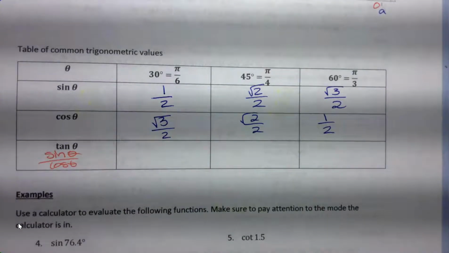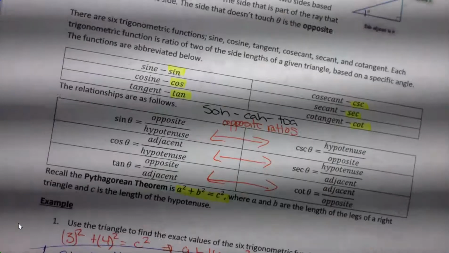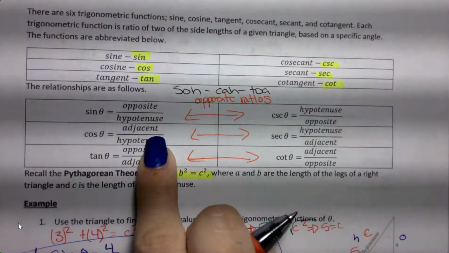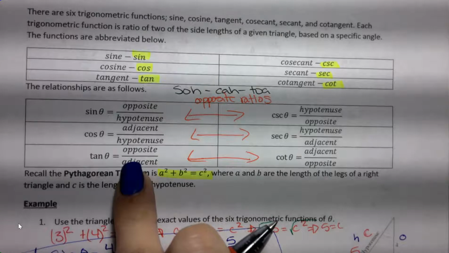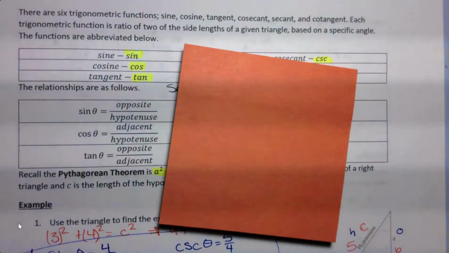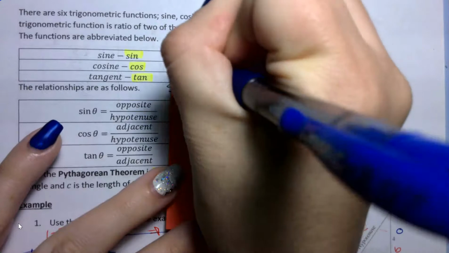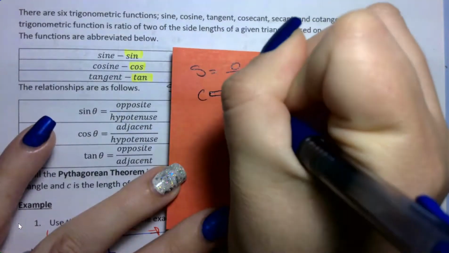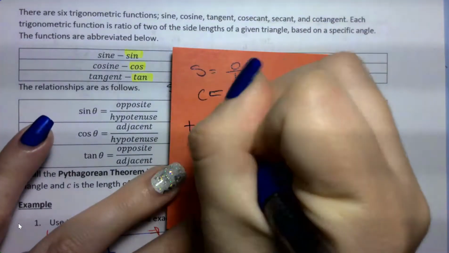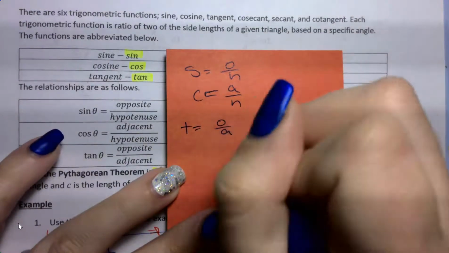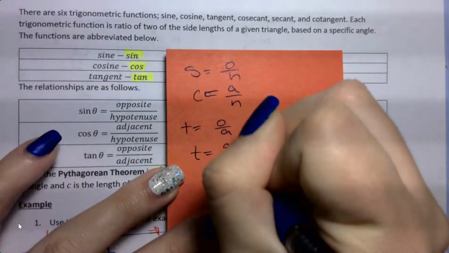So if I went back to the front and I looked at my ratios, sine is opposite over hypotenuse, cosine is adjacent over hypotenuse, and tangent is opposite over adjacent. What I'm doing is, let me do this on a sticky note. So I'm just going to write these as letters. I have sine equals opposite over hypotenuse, cosine equals adjacent over hypotenuse, and then I have tangent equals opposite over adjacent. So I am telling you now that tangent is equal to sine divided by cosine.